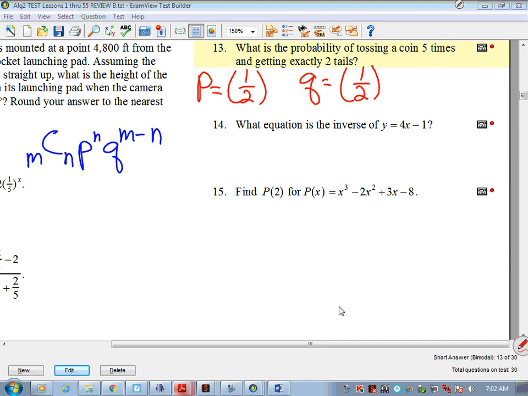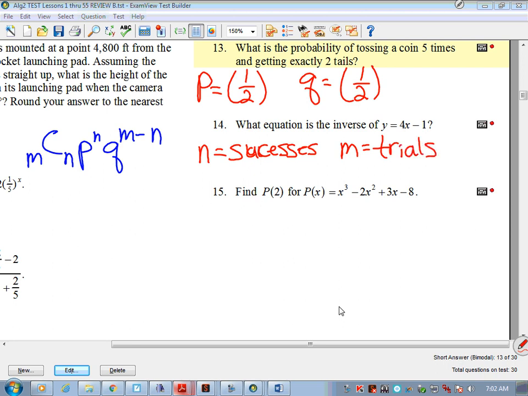Then we want to look at what M and N are. N is the number of exactly N successes, how many successes we want. And M is the number of attempts or trials.